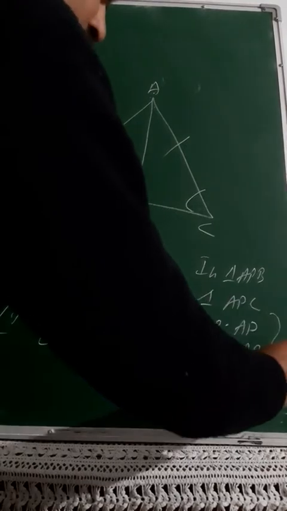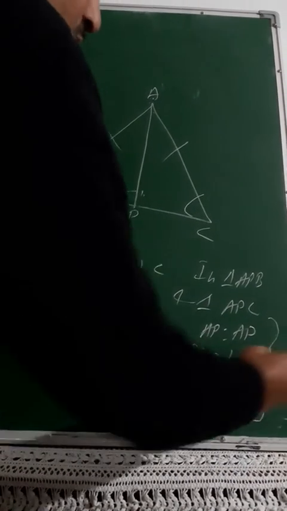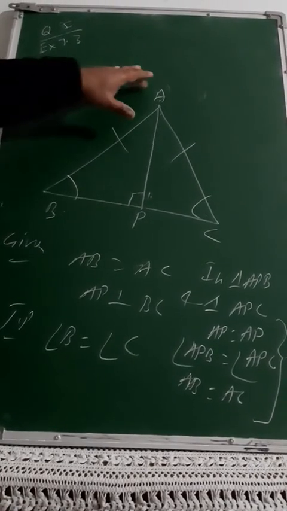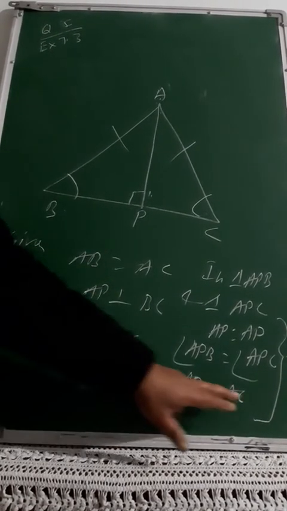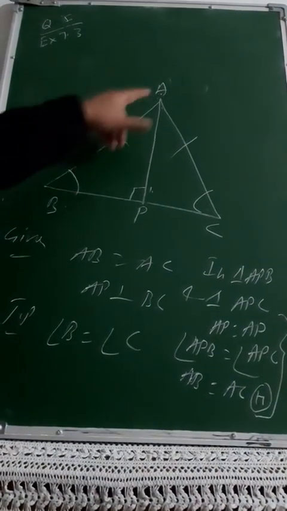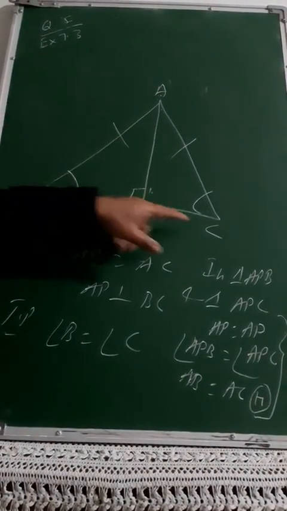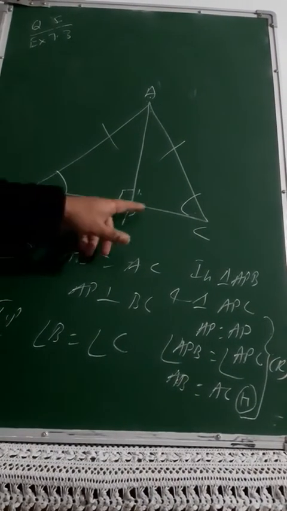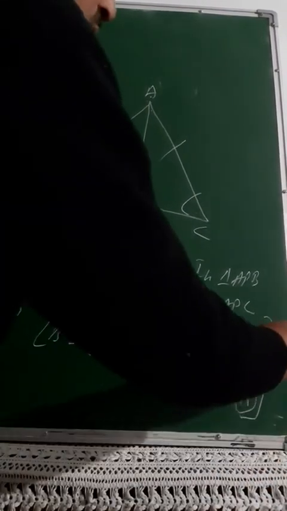Again, in these two triangles, three things I have proved are equal. So one, your AB, the hypotenuse, is equal to AC. So this stands for H. APB and APC both will be the right angles. This stands for R. And AP is equal to AP is the common side.